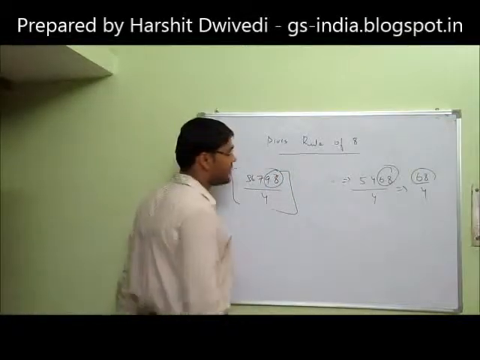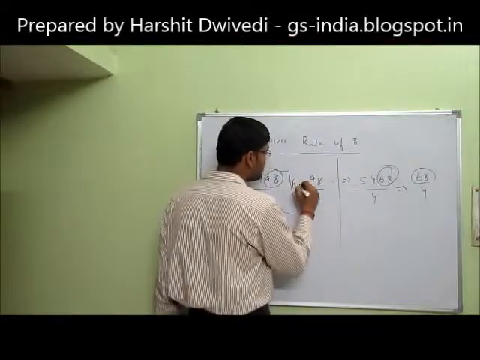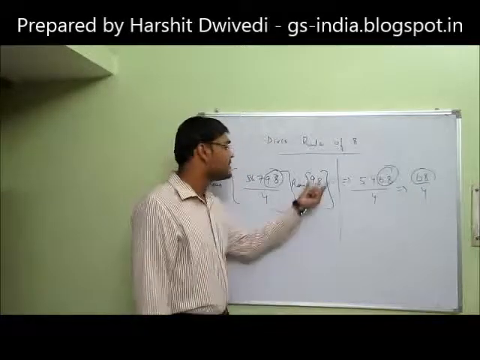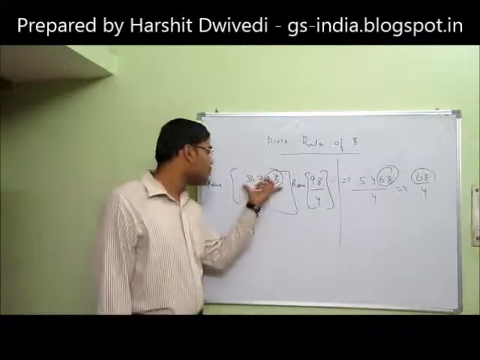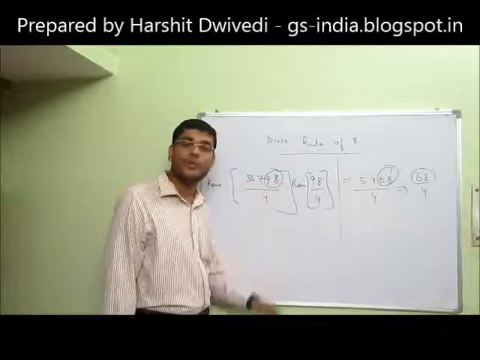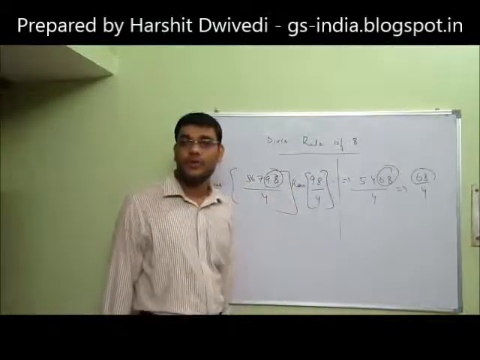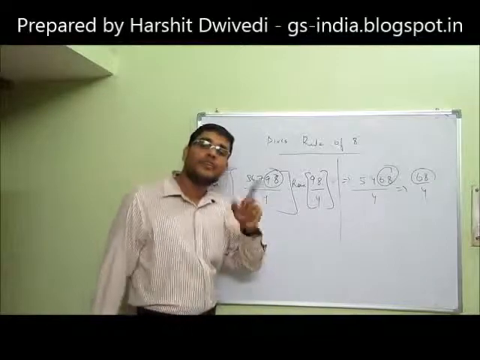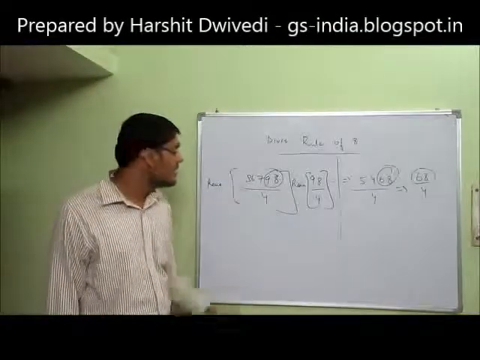I only have to find the remainder when 98 is divided by 4, and whatever remainder 98 leaves will be equal to the remainder that the 5-digit number 36,798 leaves when divided by 4.